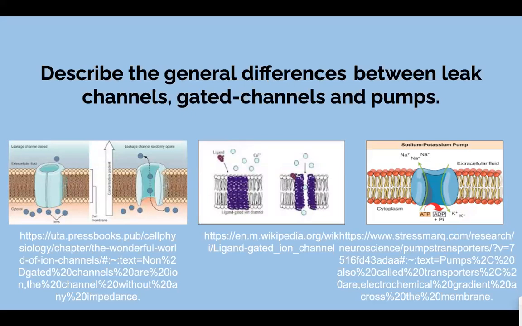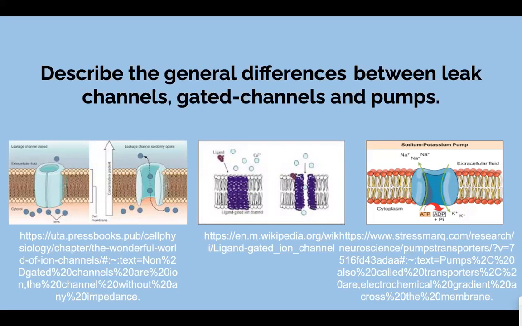As we move on to pumps, I want to show that a sodium-potassium pump is shown in the image all the way to the right of the screen. The function of pumps: they are membrane proteins that actively transport ions or molecules across the membrane against their concentration gradient, requiring the input of energy, which is usually in the form of ATP. Their energy requirement is that pumps utilize energy to move substances against a concentration gradient, maintaining concentration gradients and contributing to various cellular processes.